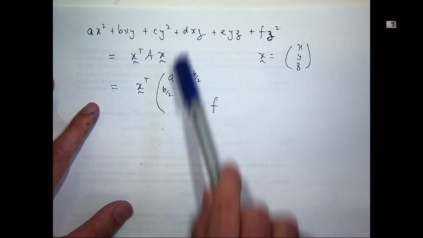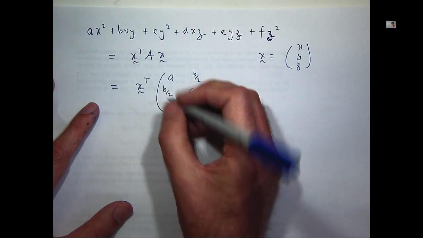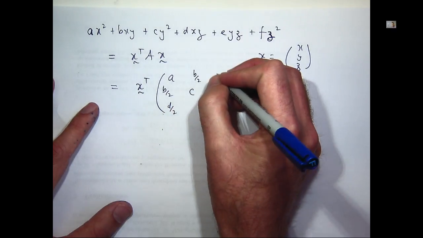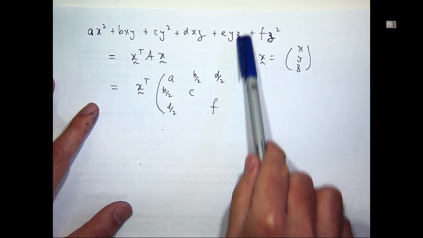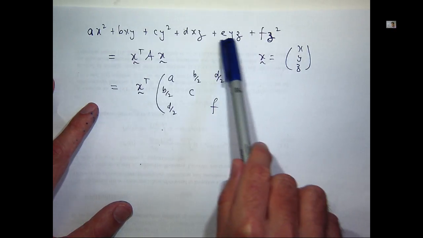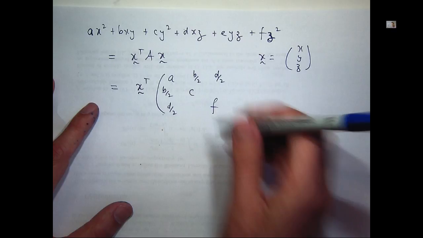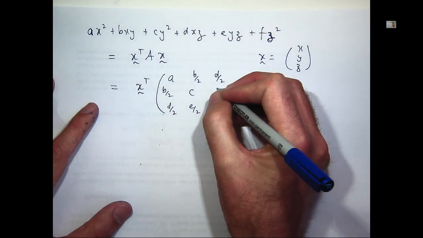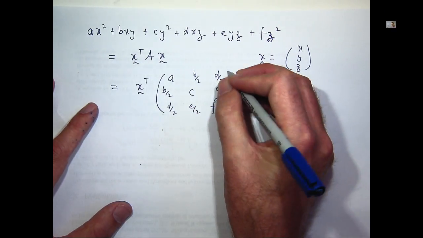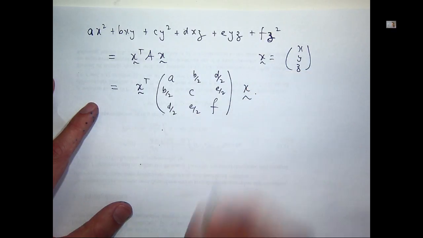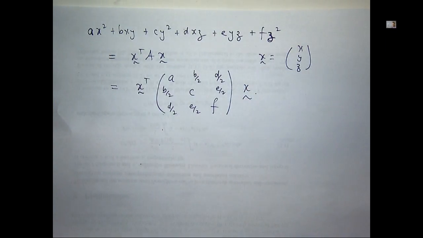The coefficient here is d, so I go to here and write down half of that coefficient. And lastly, yz, the coefficient is e here, so the last two entries will be half of the coefficient: e on 2 and e on 2. So that algorithm will work in general for these quadratic forms.